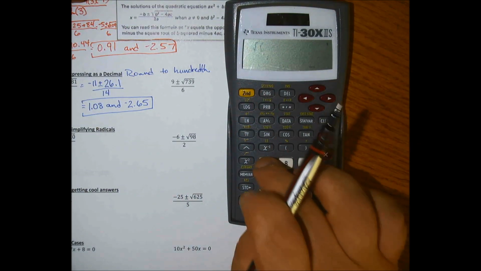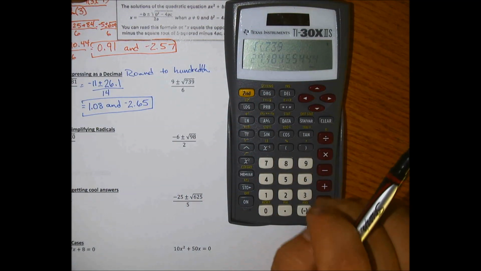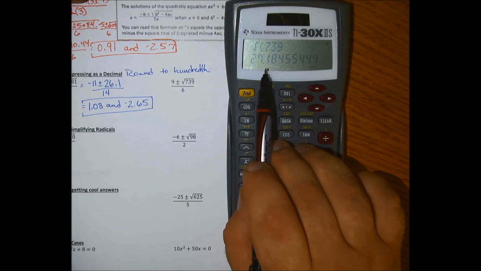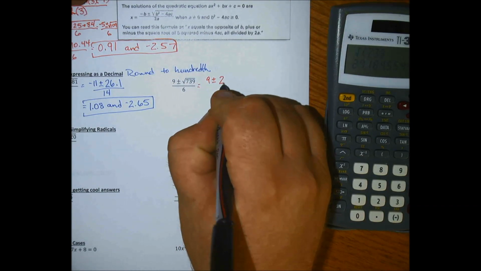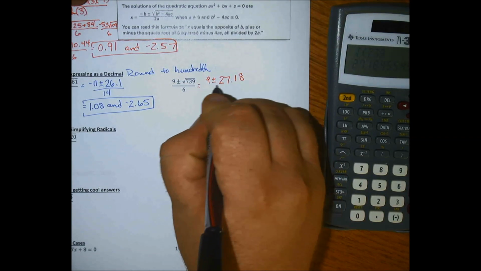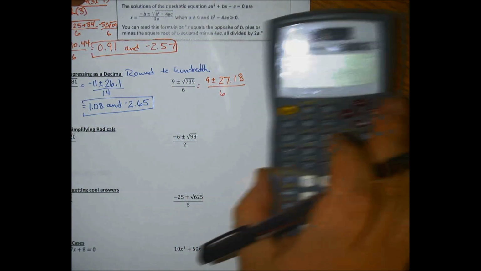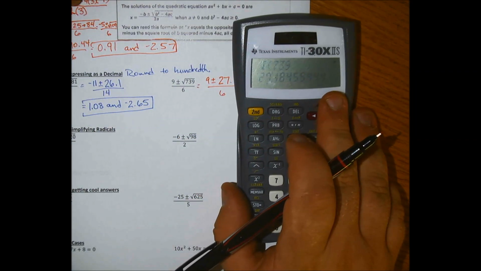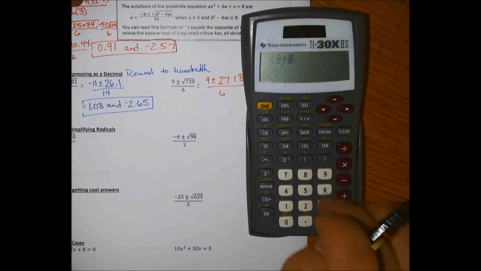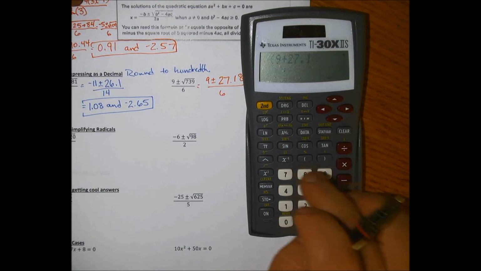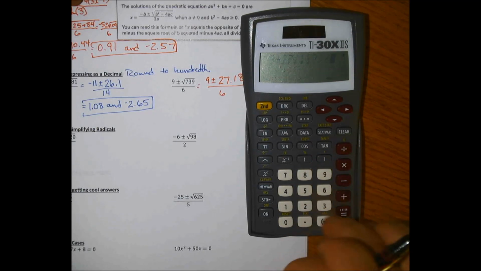Hopefully you started off finding the square root of 739 as 27.18. So we know that this is 9 plus or minus 27.18 all over 6. And then what we do from there is put it into our calculator. I'm going to use parentheses again. 9 plus 27.18 divided by 6.